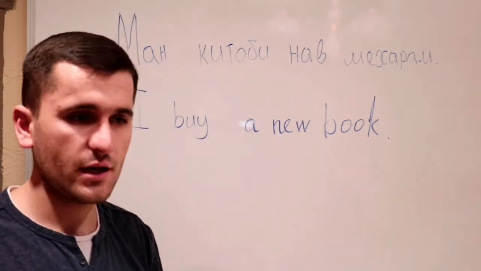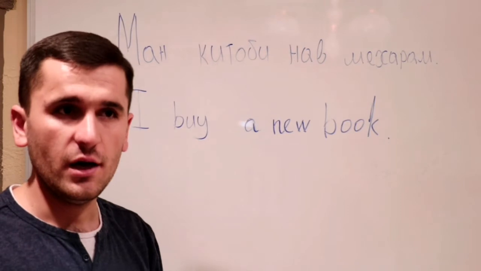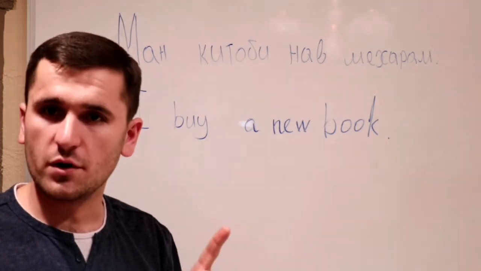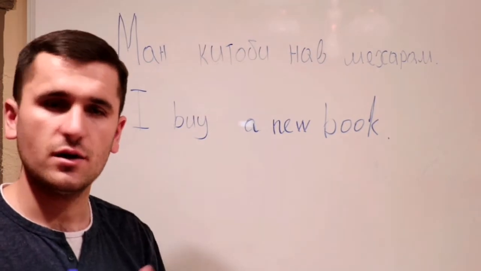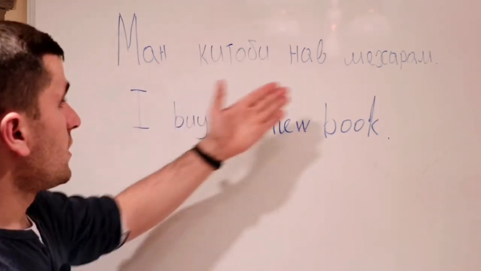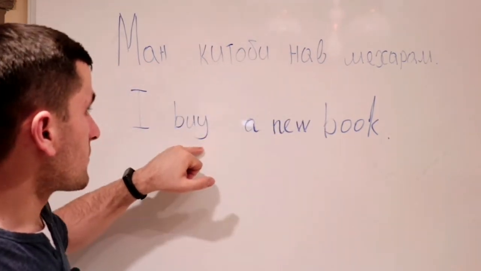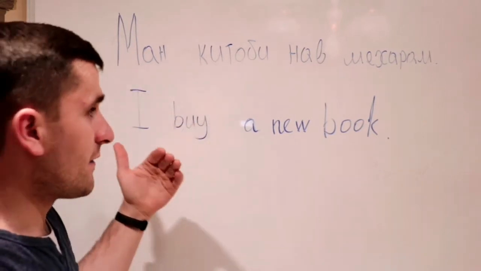But in English language, it is another way. You need to learn one word and you will use it in many situations. So, for example, the word buy. In Tajik language, it is kharidan.